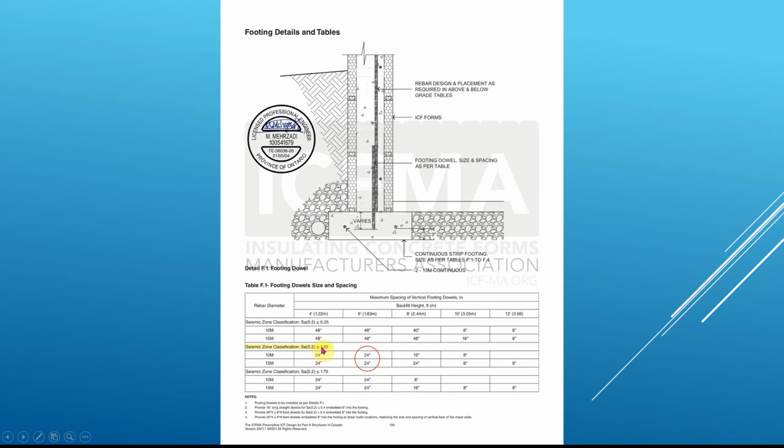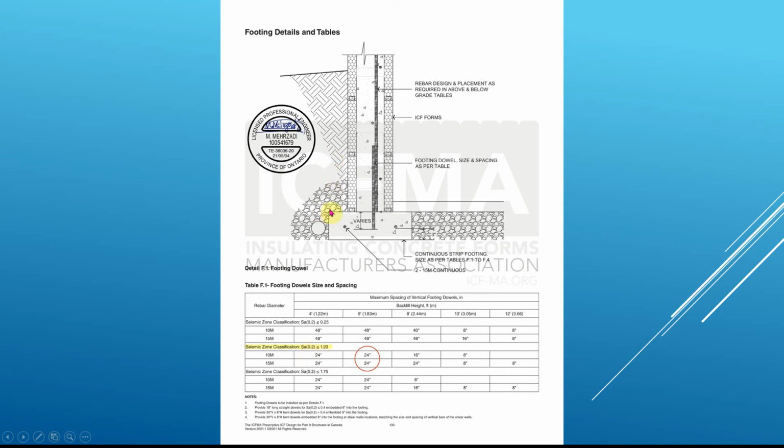We need to know the backfill height of the wall, which is from here up to here. In some cases, if you've got an 8-foot backfill height, and you're using 10 M-bar, you have to go every 16 inches. If you're using 15 M-bar, you're at 24. And so it all varies by your backfill.